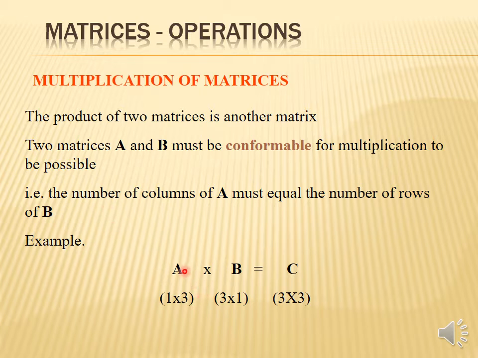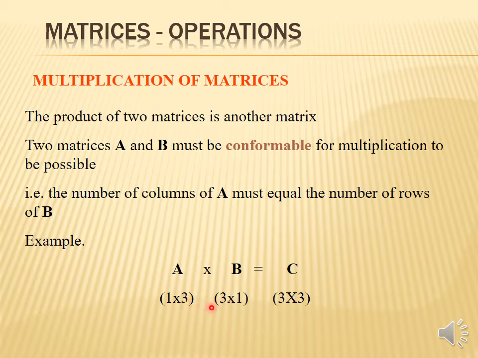So now the question is, what is inside? For example, matrix A has order 1 by 3, matrix B has order 3 by 1. Similarly, the resultant has order 3 by 3. How? Student, you can see that the second entry of the order of matrix A is 3 and the first entry of the order of matrix B is 3.